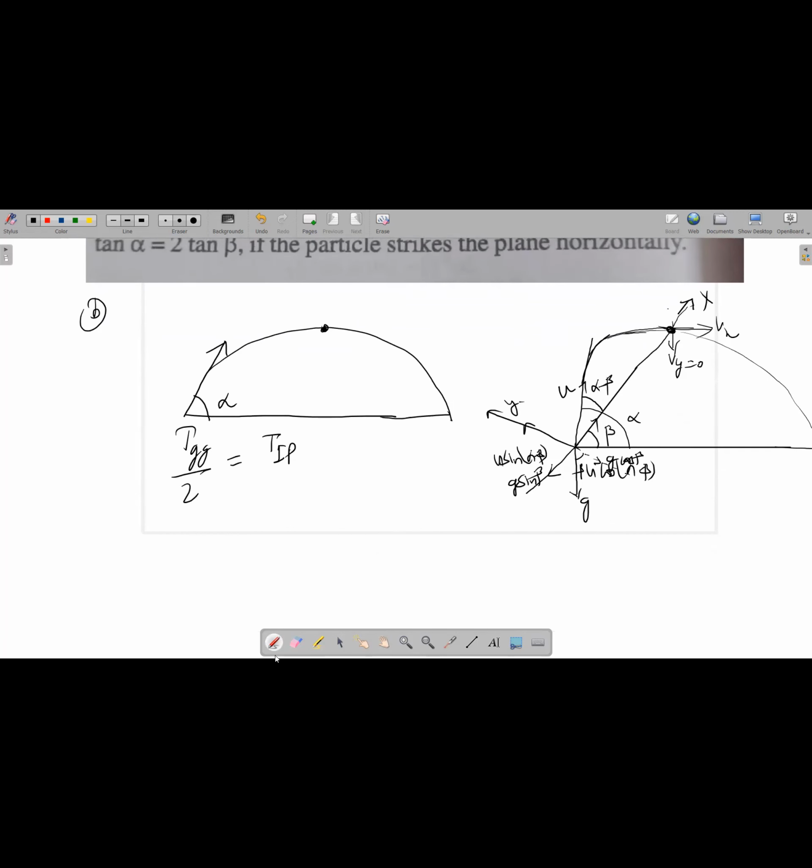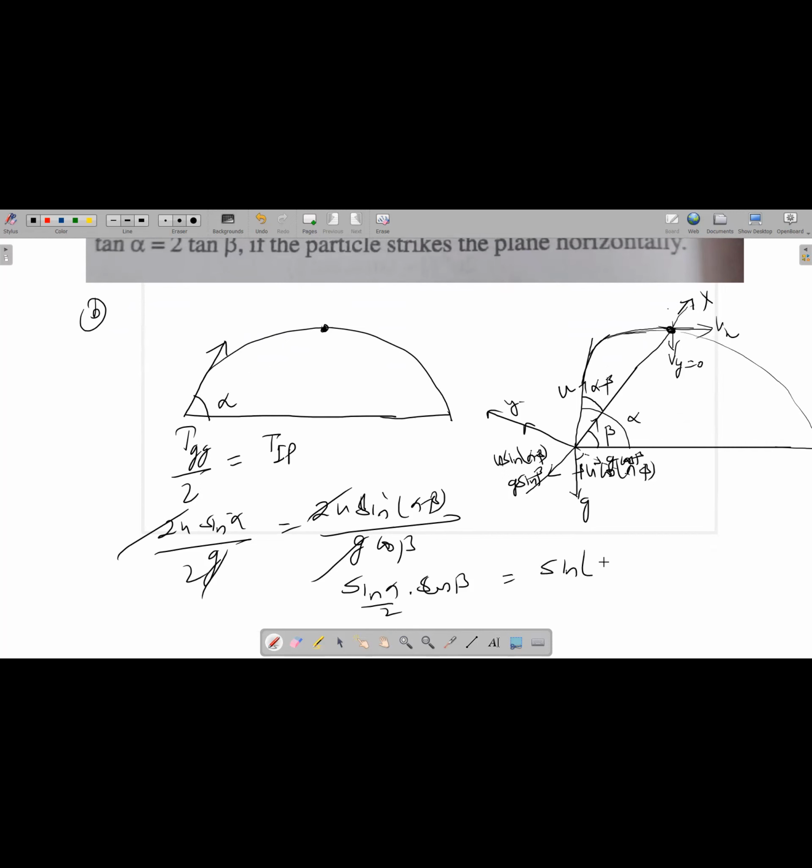So just apply this formula: 2u sine alpha upon g into 2 equal to 2u sine(alpha minus beta) upon g cos beta, right? 2u gone, g gone. So sine alpha by 2 into cos beta, cross multiply, sine(alpha minus beta). Just take this 2 to this side.